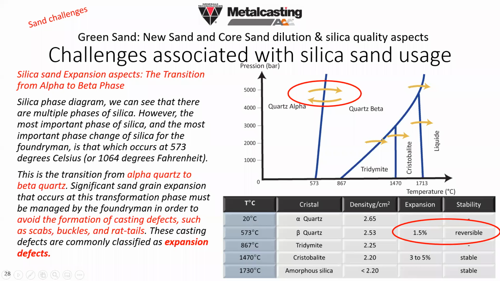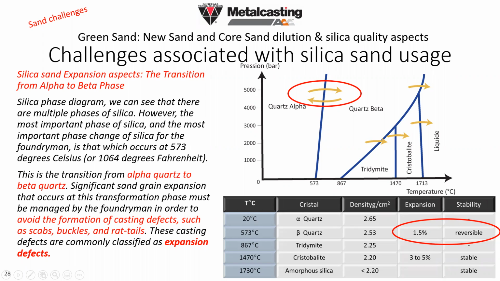However, it is reversible. So it means when the sand cools down, you have the possibility to restart this expansion trouble at the next pouring phase. And that is a transformation from alpha to beta.